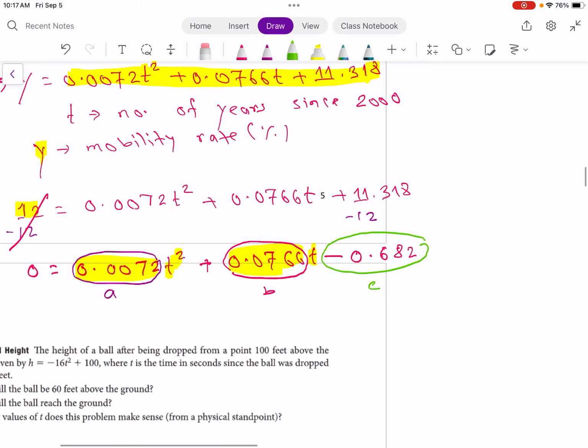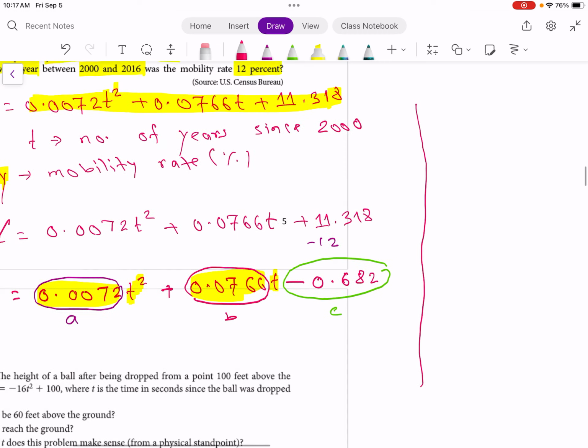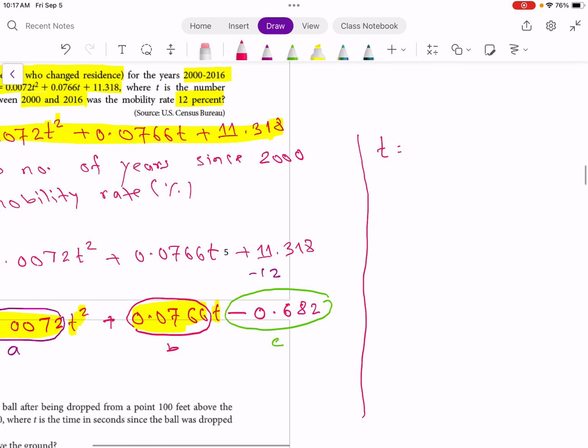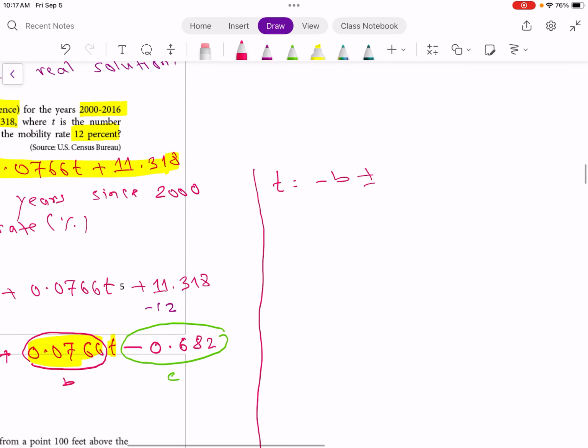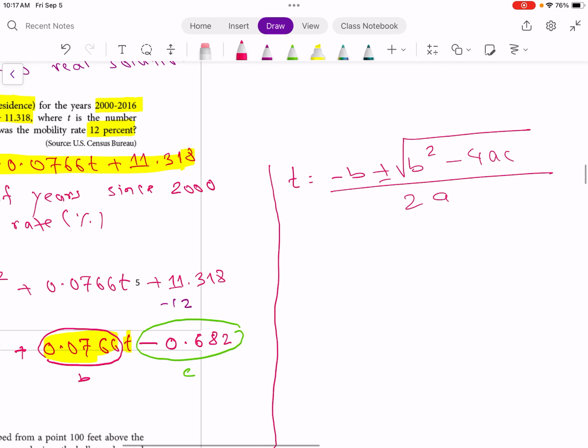Okay, now let's write down our quadratic formula. Do we still use x, or what do we use here? We use our variable t. So t equals negative b plus or minus the square root of b square minus 4ac, divided by 2 times a. Now let's substitute.